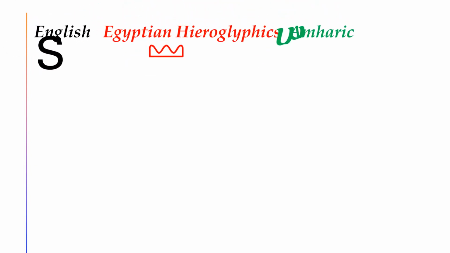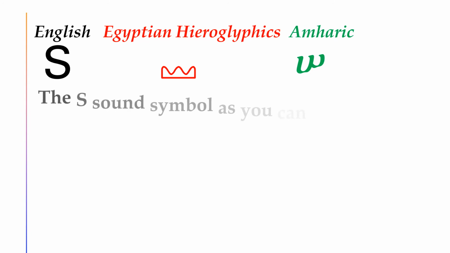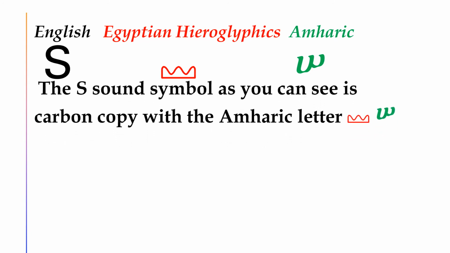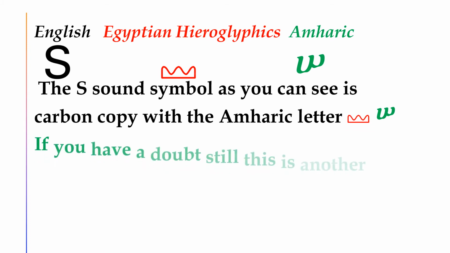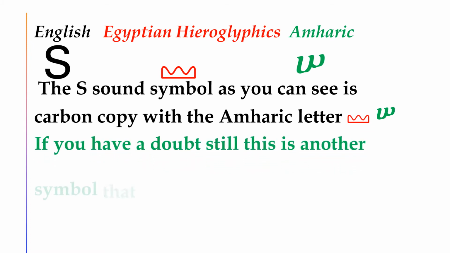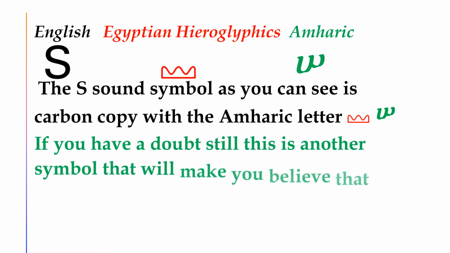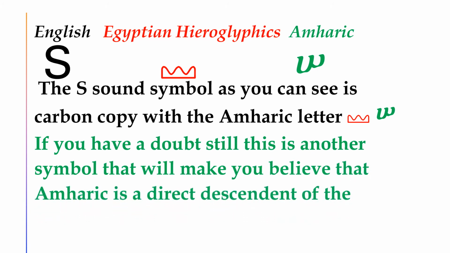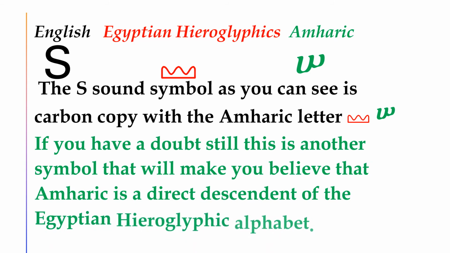Then comes the S sound. Like I told you, there is more than one symbol or letter in Semitic language for different letters, and S is one of them. The S sound is also represented twice in Semitic language. It is like that in Arabic, in Hebrew, in Amharic also.